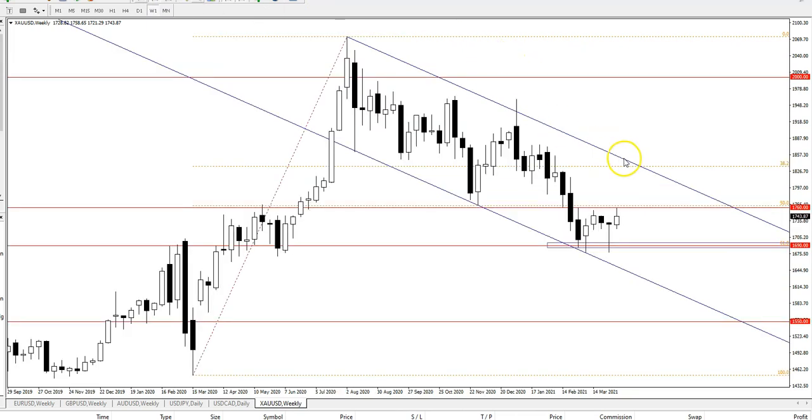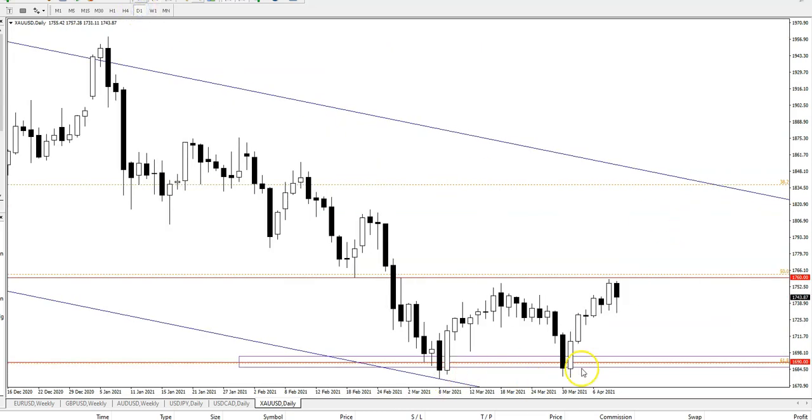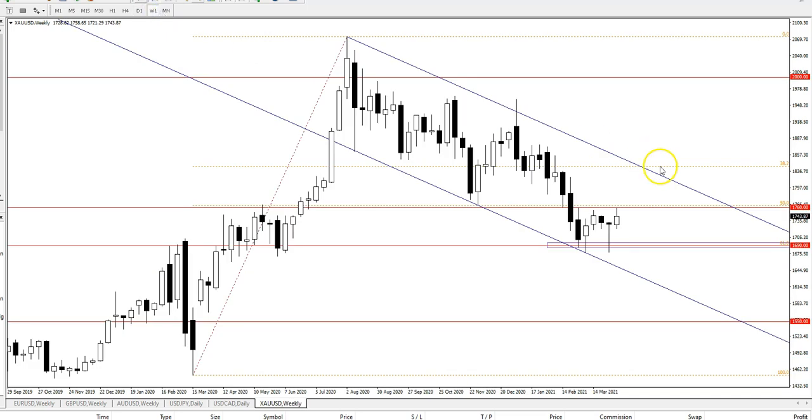Looking at price action, I can see that price did a double bottom. Having said that, it's not a strong long continuation yet. This double bottom here could be temporary, but looking at price action, I can expect price to go on to the higher side. I believe the bulls are back.